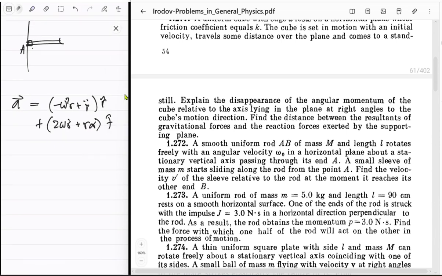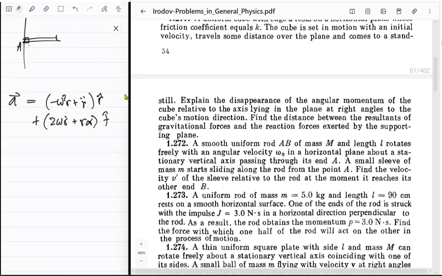Okay, so in the ground frame, this is the thing. There is no friction, so there is really no force in the radial direction. Tangential direction, we don't care about that. And also alpha is zero. So you got some Coriolis force and something you don't care about. You got this thing: r double dot is equal to omega square r.